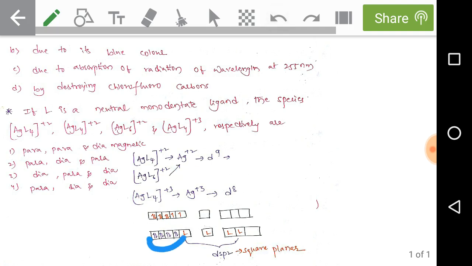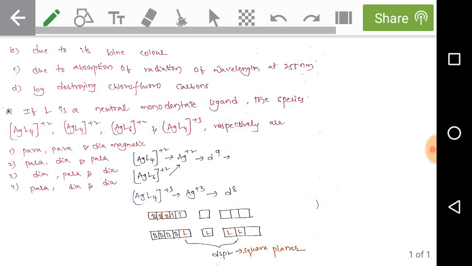Okay, now after pairing, we have a dsp2 hybridization for that silver complex. In that case, this complex shows a square planar structure. Okay, and here you can see there are no unpaired electrons. That's why this complex of silver in the +3 oxidation state must be diamagnetic in nature.